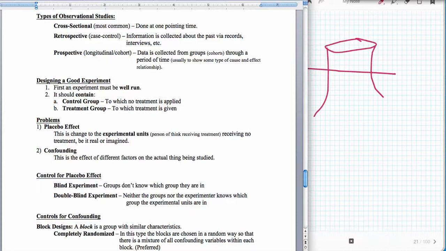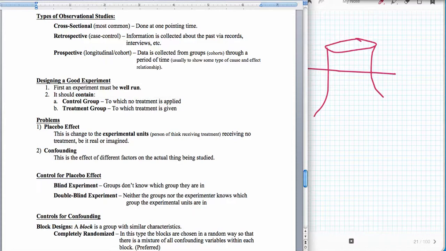Maybe that has an effect on them, right? So confounding, we can actually break things into different blocks, and then we can apply different agents to them which are possibly going to be confounding. And that's where we get into ideas for block design.